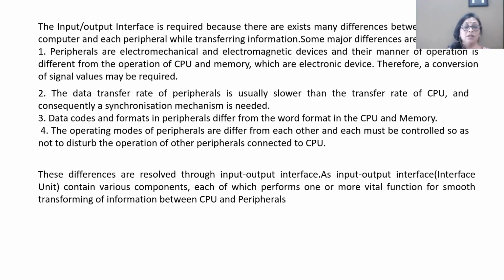Okay. So first we are going to discuss the various reasons why we need an interface in between your processor and the input output device which is connected to the processor. The first reason, as you can observe from the screen, is that peripherals are generally electromechanical or electromagnetic devices, and your CPU is a digital device.